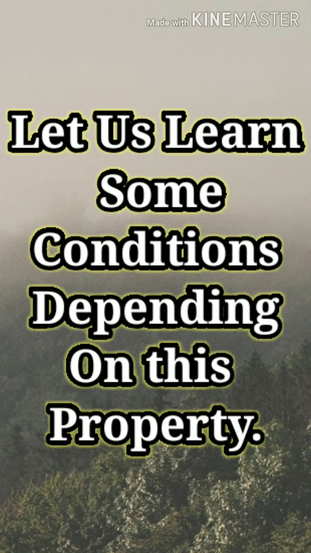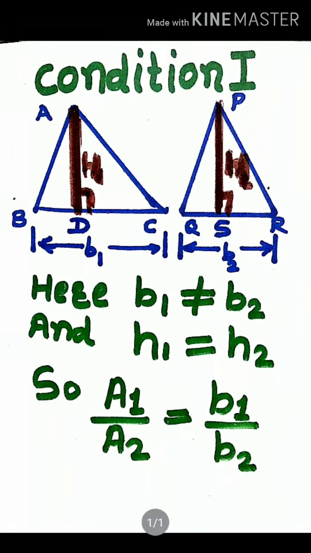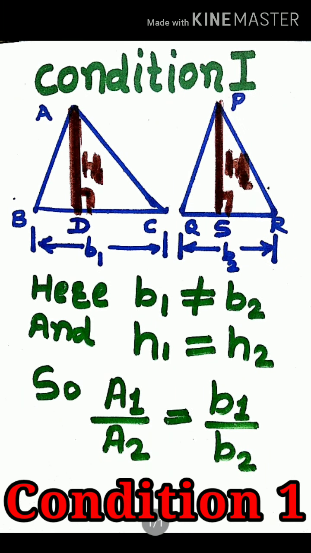Also learn some conditions depending on this property. First condition: if you observe here two triangles ABC and PQR, both the triangles have the same heights, h1 is equal to h2, and their bases are different, b1 is not equal to b2.